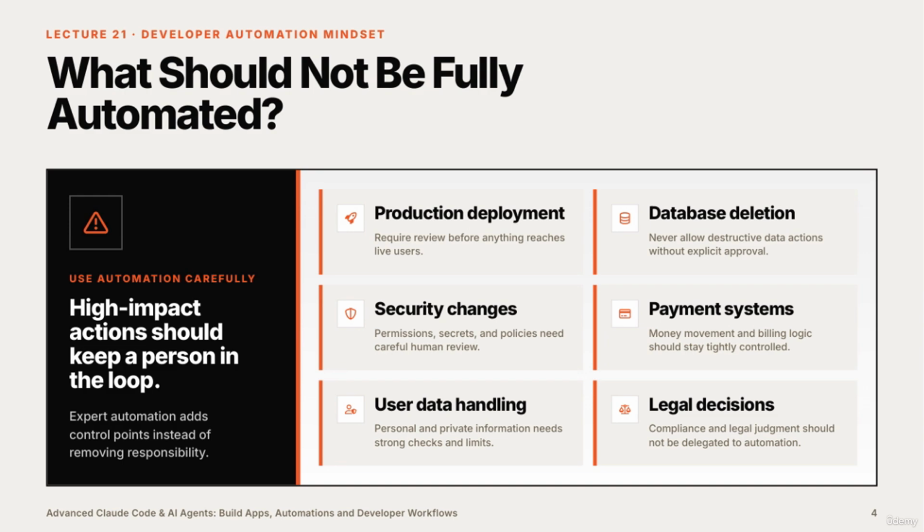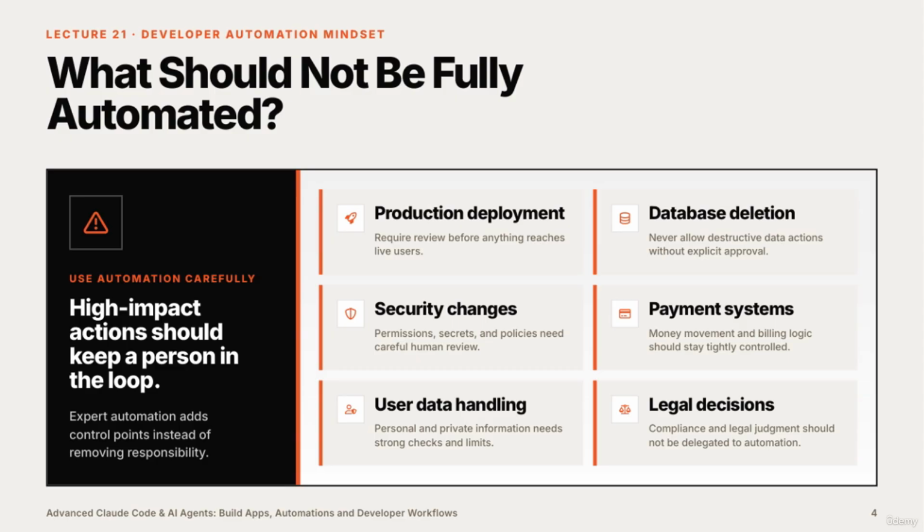Similarly, database deletions are critical and should never occur without explicit approval, since data loss can be severe. Security changes, including modifications to permissions, secrets, and policies, require careful human review because these decisions have major implications. Payment systems also demand tight control. Any movement of money or billing logic should be closely monitored and controlled by humans to avoid errors or fraud.